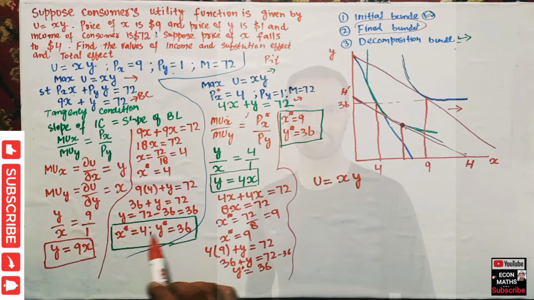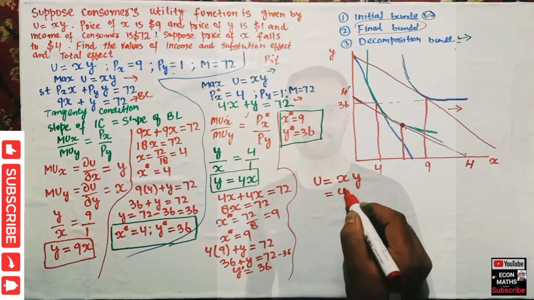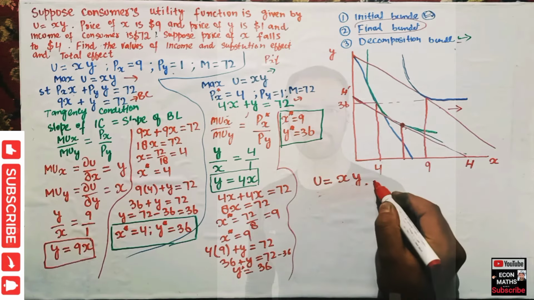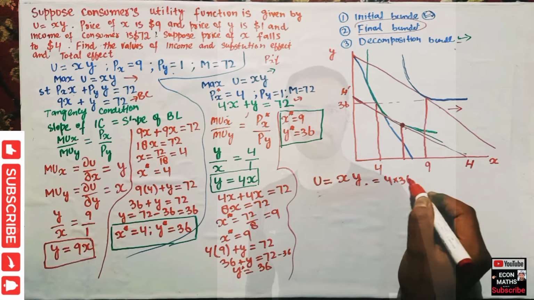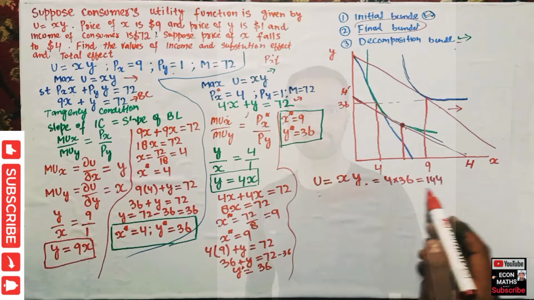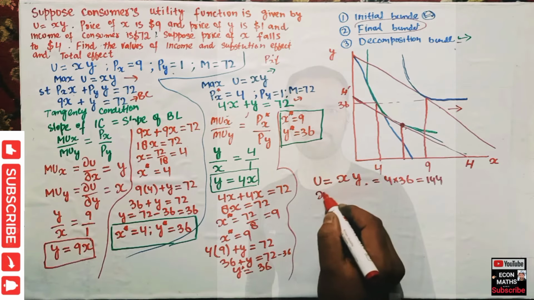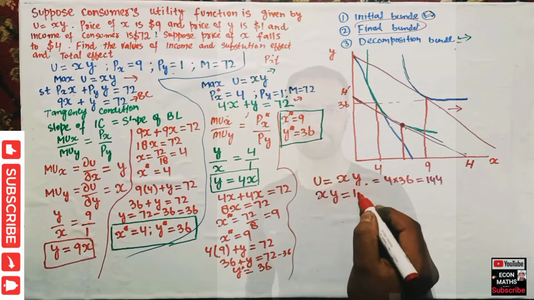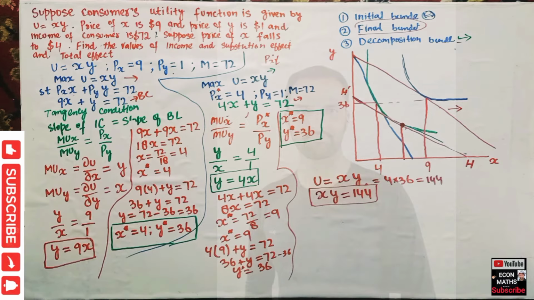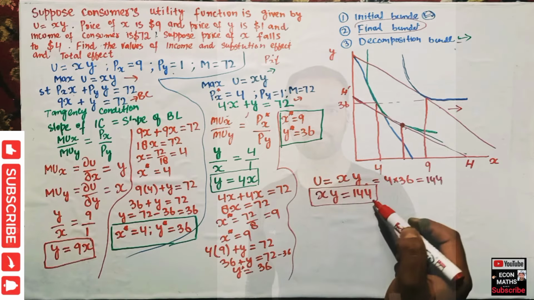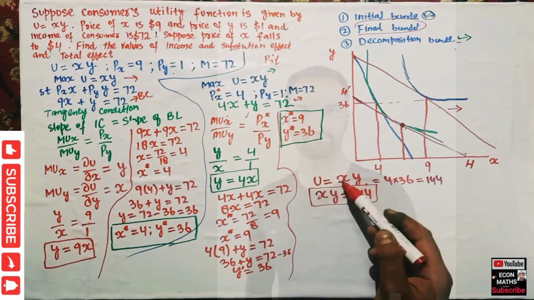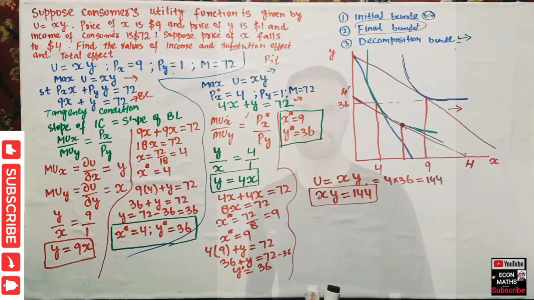Originally we have 4 and 36, so I can write it like this: 4 into 36, which comes out to be 144. So xy = 144. That is the utility attained by consuming the initial amounts of good x and y, which gives a utility of 144.